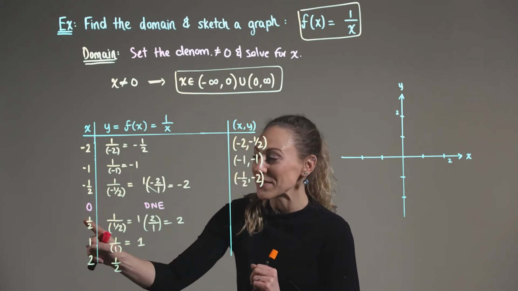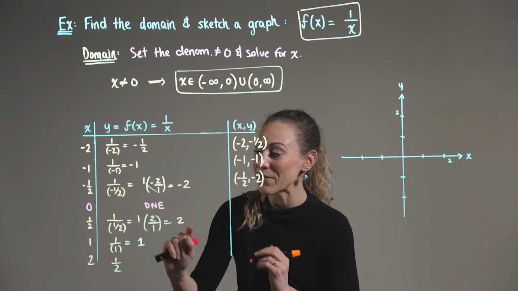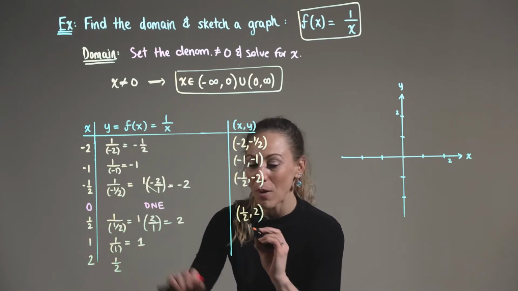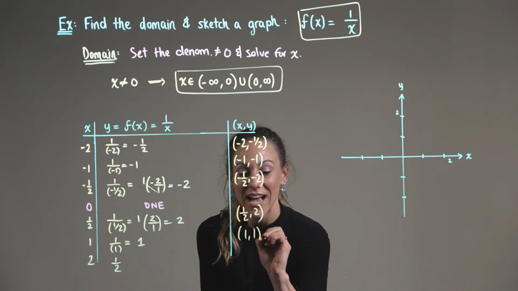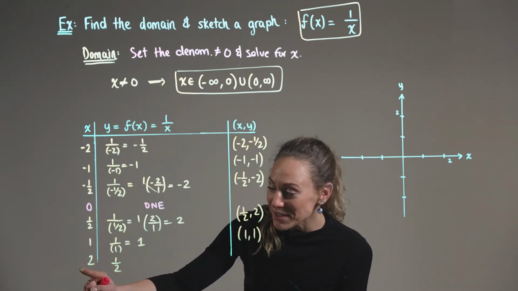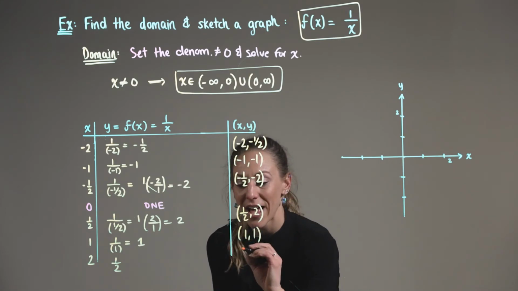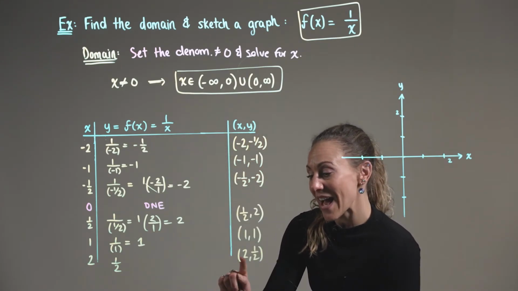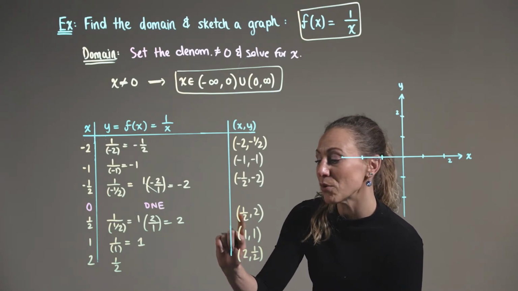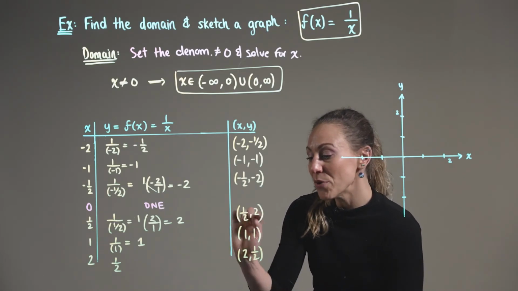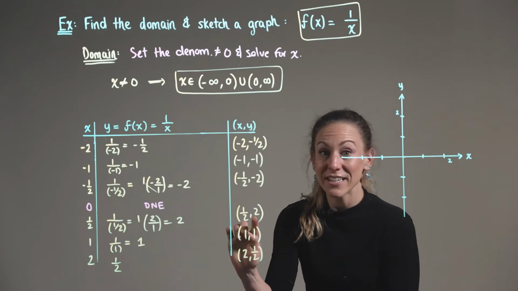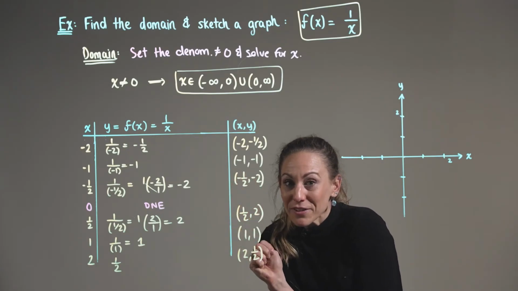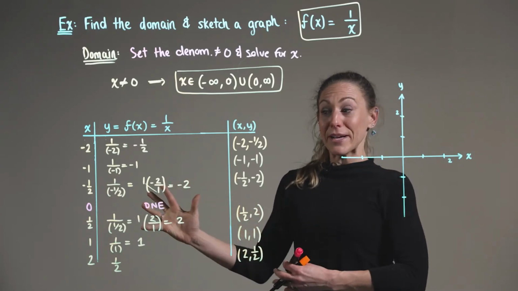Moving on to our positives, when x is +1/2, y is 2. When x is +1, y is 1. And last but not least, when x is +2, y is 1/2. Notice in this case, as these x values approach 0, the y values are in fact getting larger. As these fractions get smaller and smaller, their corresponding y's get bigger and bigger.